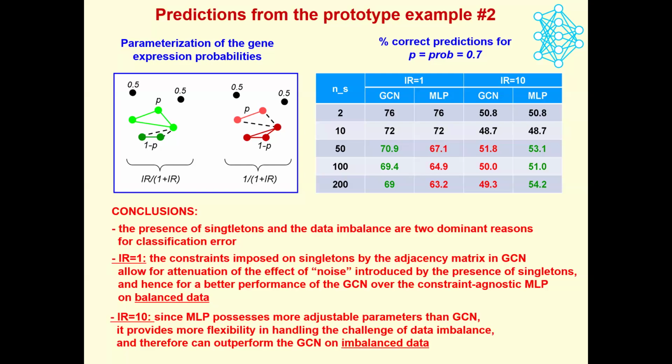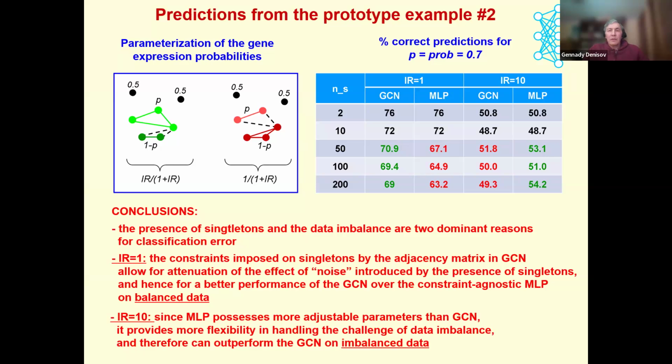So if you were to use the GCN algorithm, building an adjacency matrix without assuming you know which are the singletons. That's right. That's right. Would they still outperform the MLP when you have a large number of singletons?